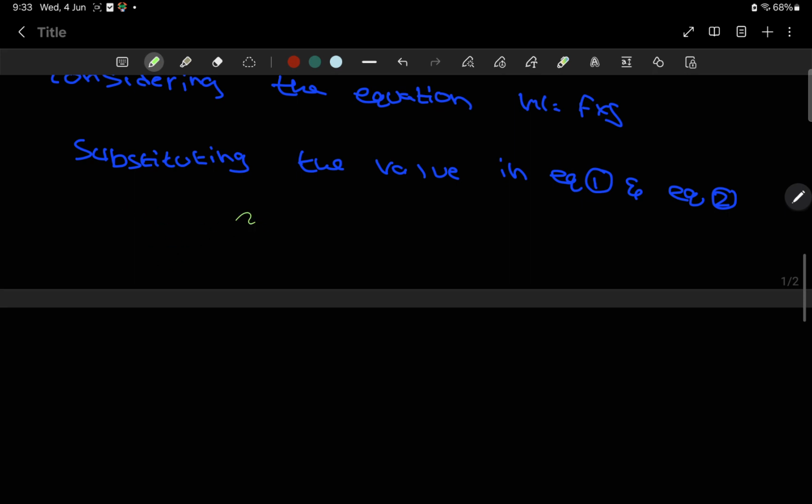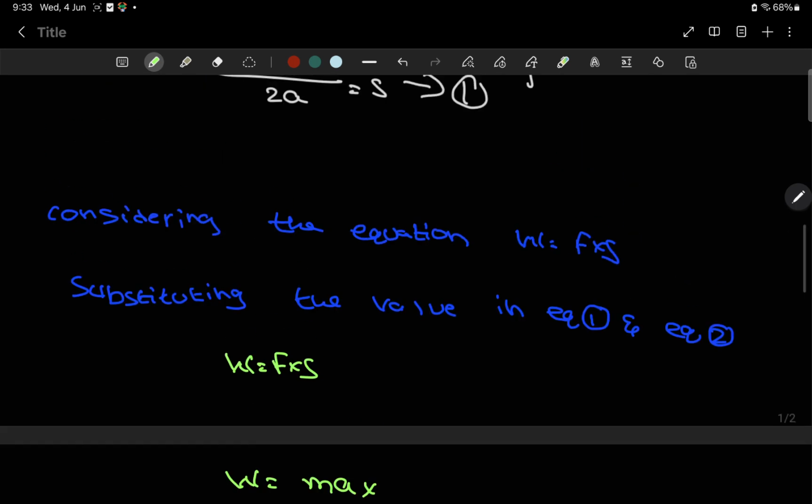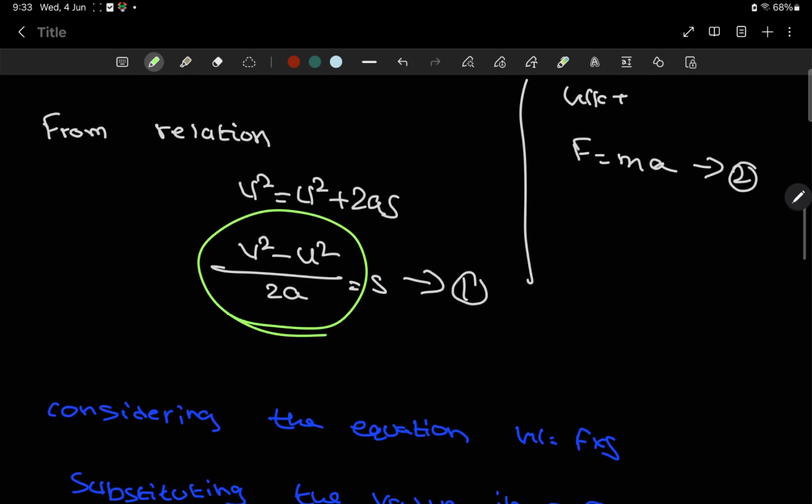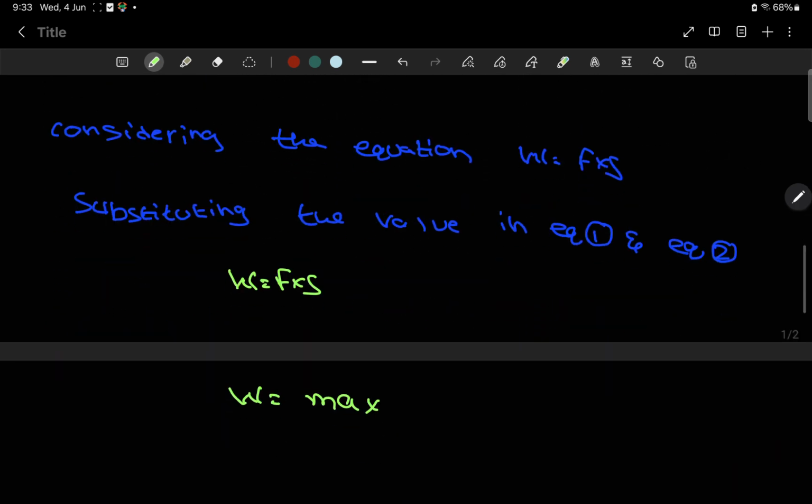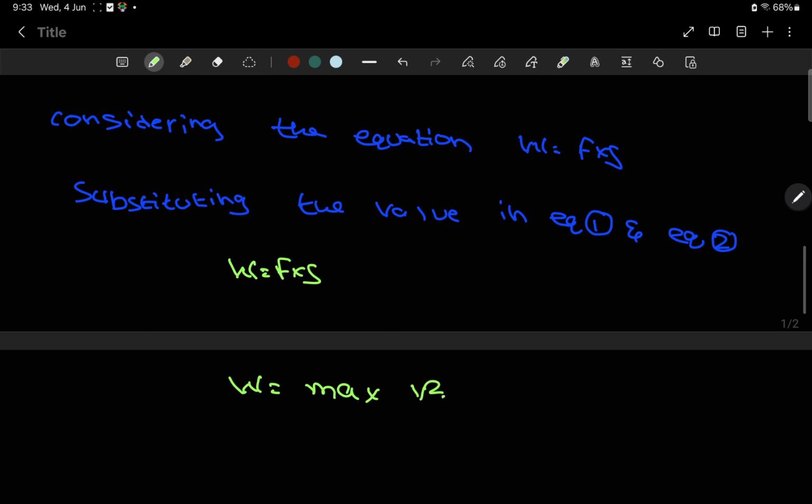W is equal to F into S, right? So let's substitute the value of F and S. W is equal to, as we know, force is MA, and S we have found this value, right? So let's substitute it: V square minus U square by 2A.